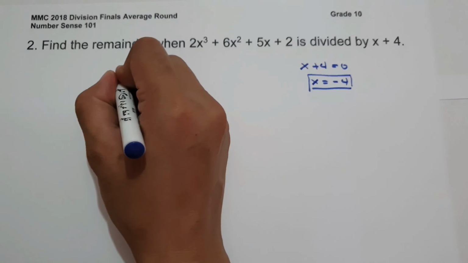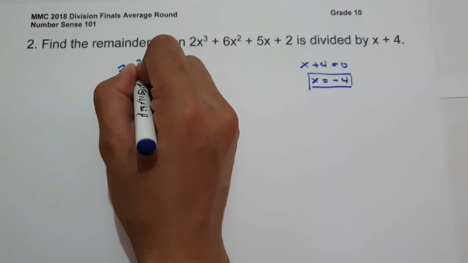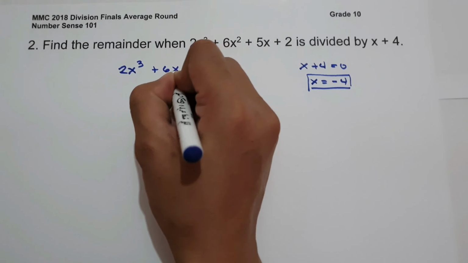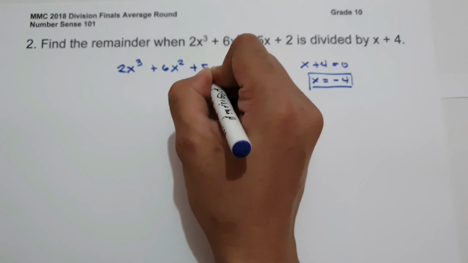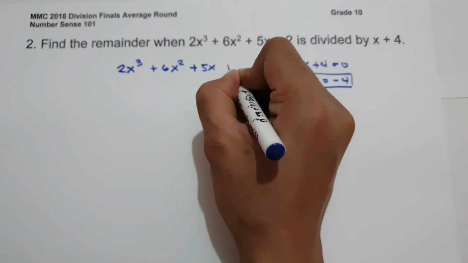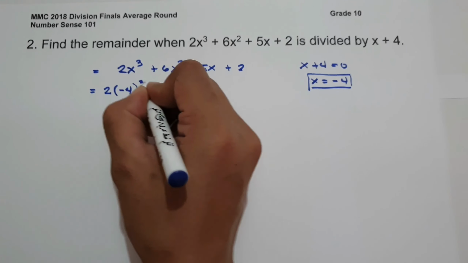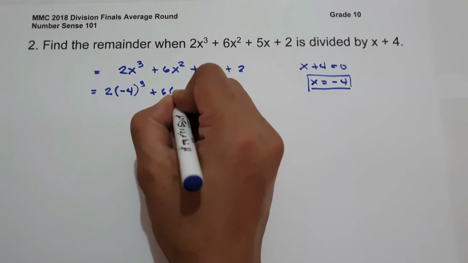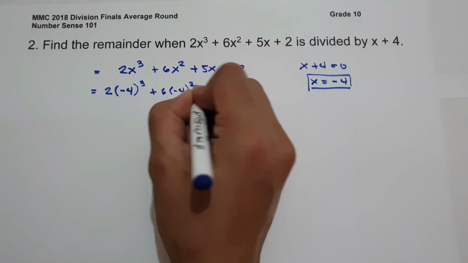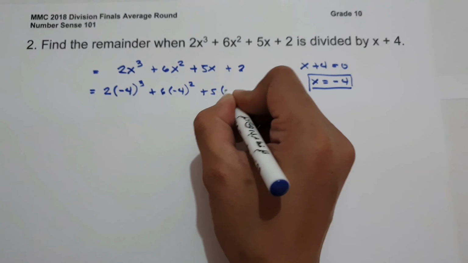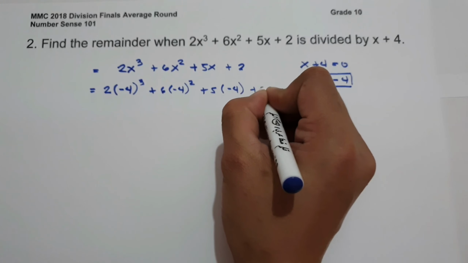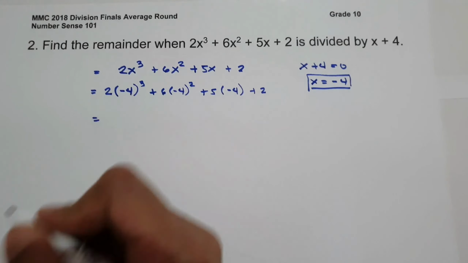And then, in 2x cubed plus 6x squared plus 5x plus 2, let us substitute the value of x. We have 2 multiplied by negative 4 raised to 3 plus 6 times negative 4 squared plus 5 times negative 4 plus 2.